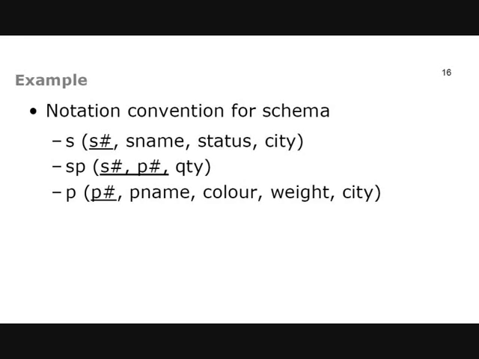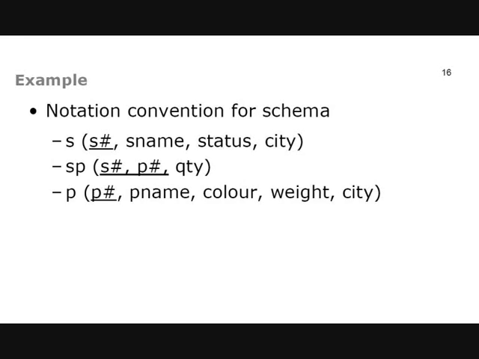So the notation that we're using there for the schema is, in front of the bracket we put the schema name, the relation name, and then inside the bracket we have the attributes, and we've underlined the primary key. And we will see that the primary key is going to become a very important concept in terms of databases and the relational model. So that is a schema for a particular database. It's a description of the database.